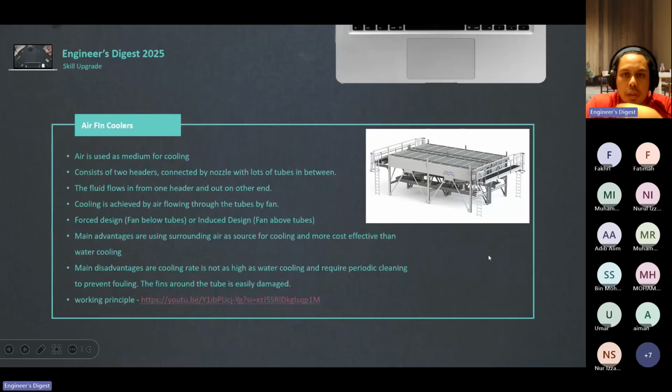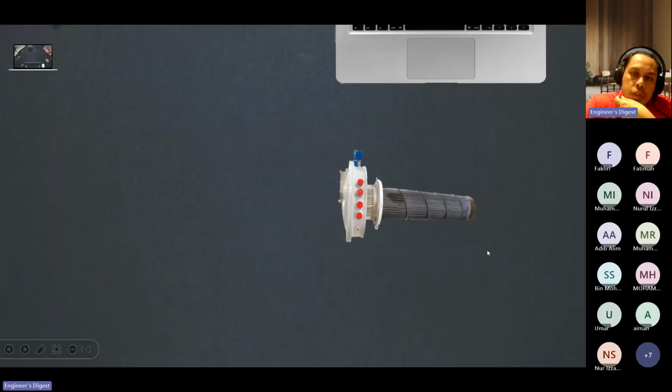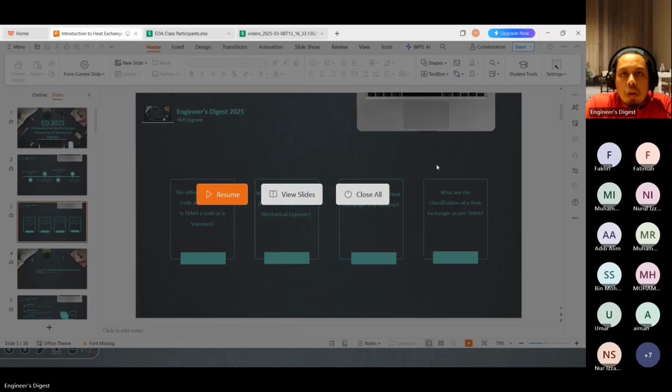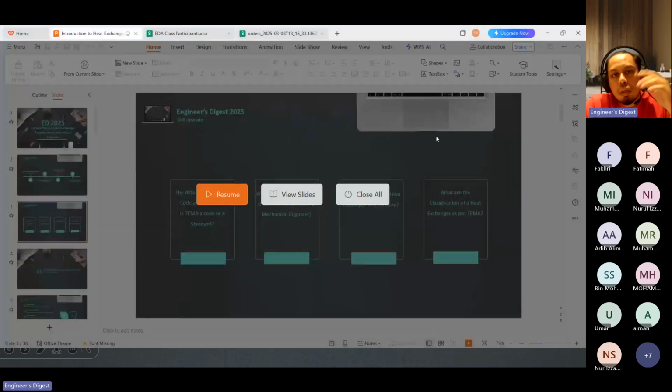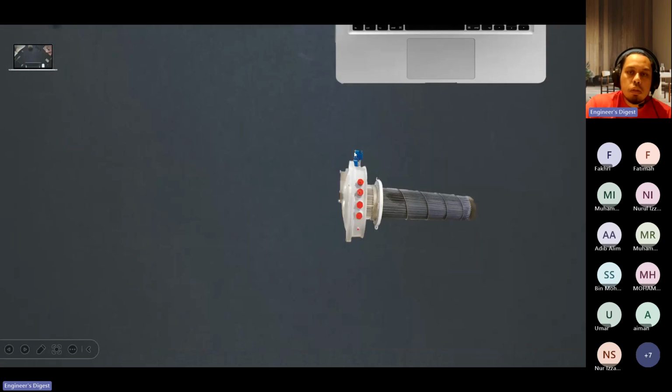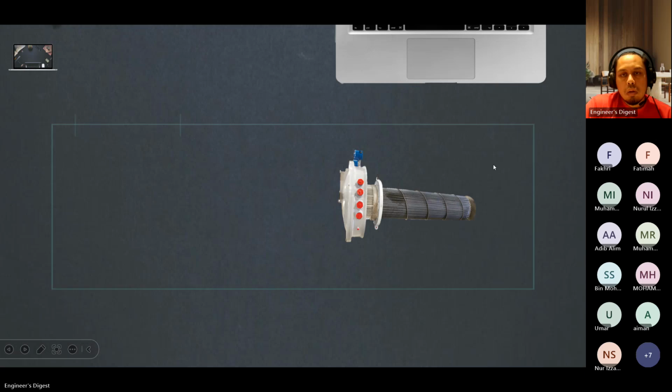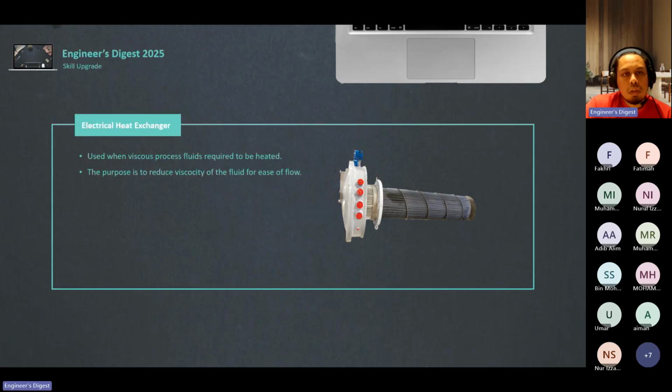The other type of heat exchanger is this. What is this? This is an electrical heat exchanger. Why do we use this?